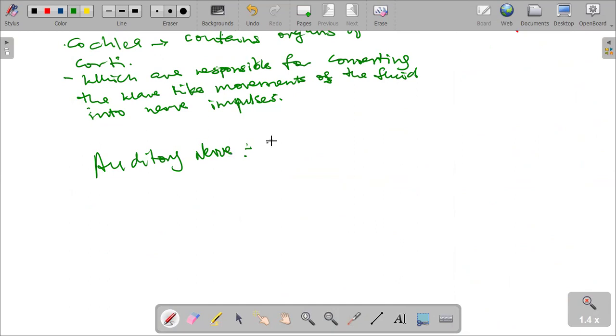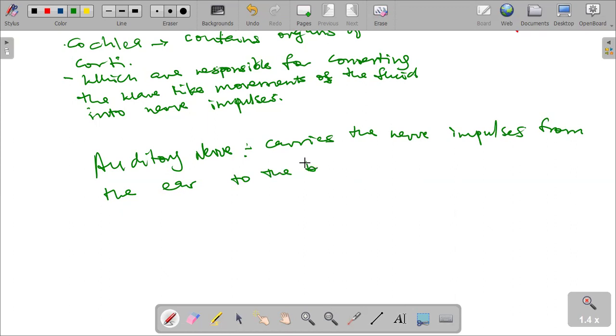It carries the nerve impulses from the ear to the brain.